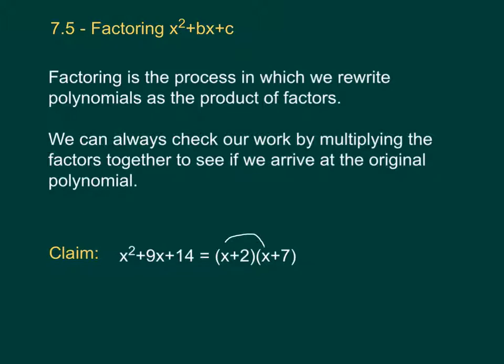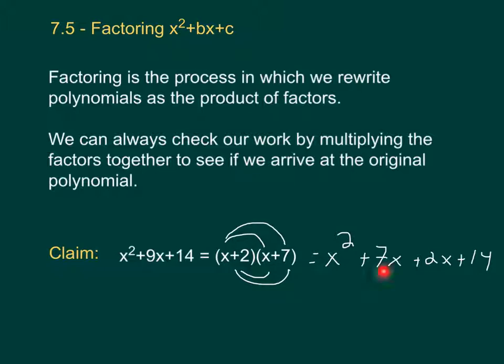If I do this distributive property process, I'll see that what I will arrive at is x times x, which is x squared, plus 7 times x, which is 7x, plus 2 times x, which is 2x, plus 2 times 7, which is 14.